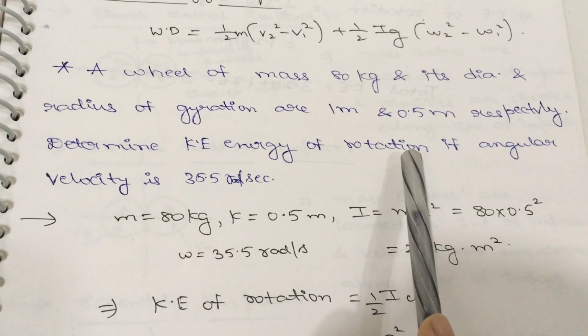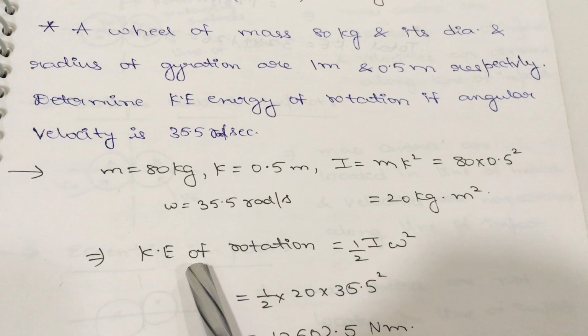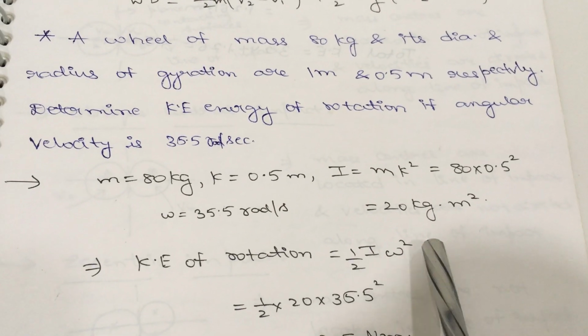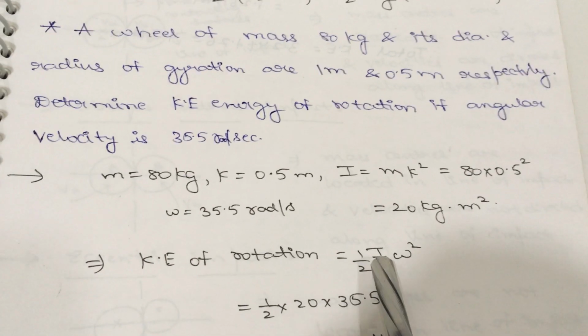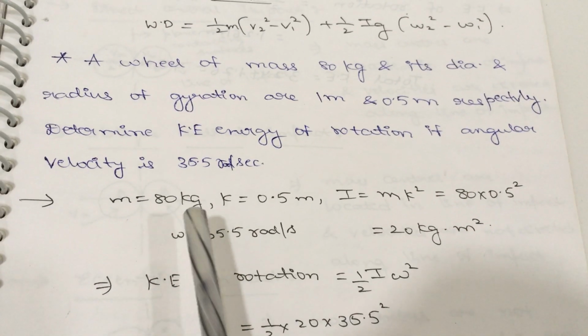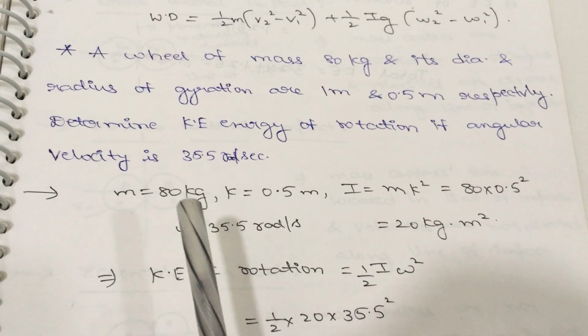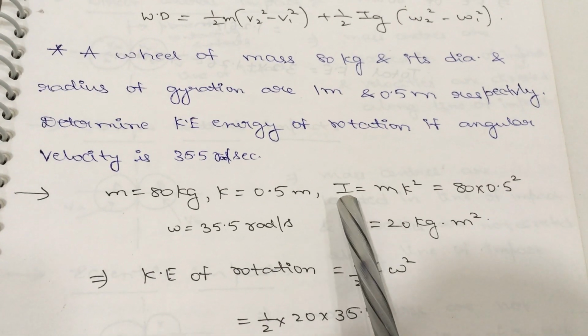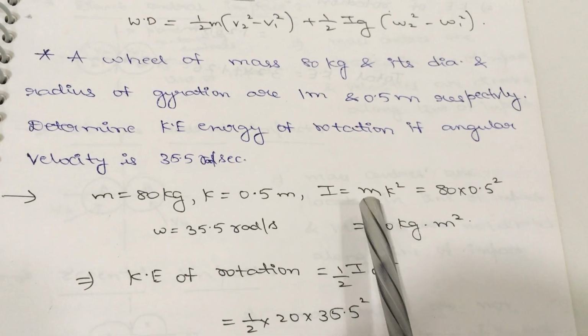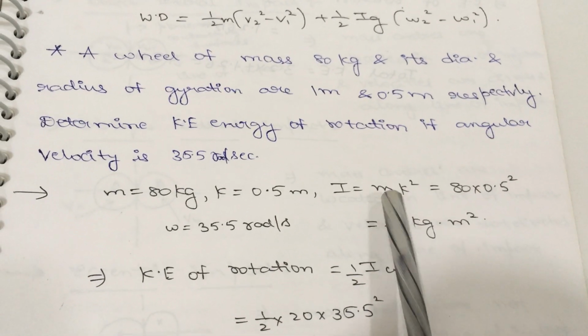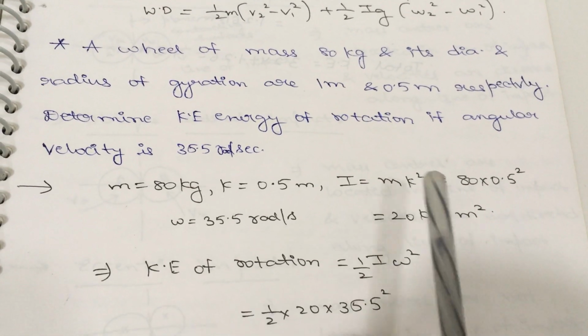So in the rotational motion, what is the formula for the kinetic energy? Half I omega square. So omega value is given in the question. I value we need to calculate. So according to the rotational motion, we know the mass moment of inertia formula in terms of the radius of gyration is m into k square. Mass value is given in the question, k value is given in the question.